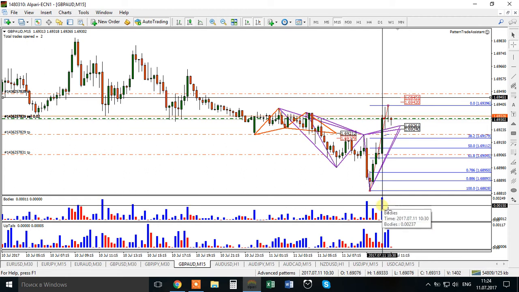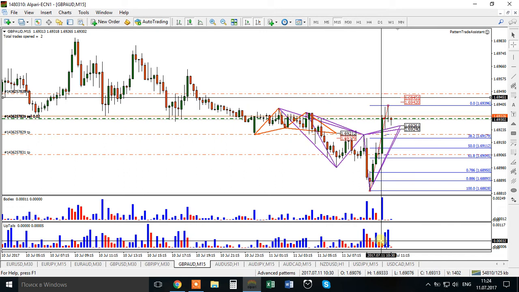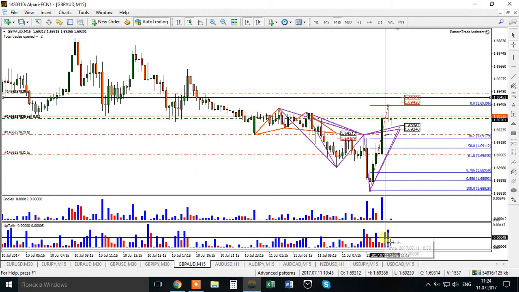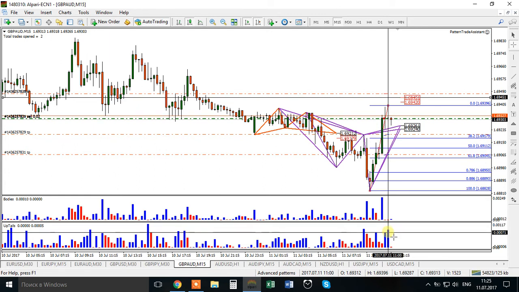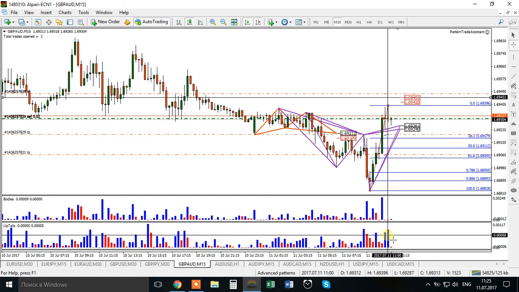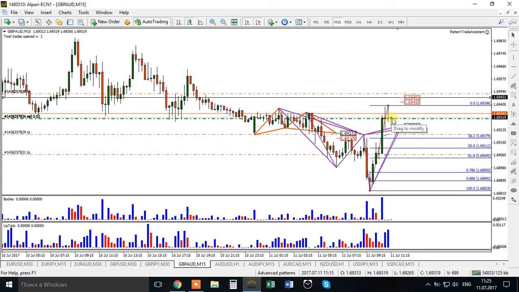So we have one candle with almost no uptail. Uptail is very small. Then we have the next candle with the body being smaller and an upwick being larger, and then we have another candle with the body being even smaller and the uptail being even larger. So this is a nice confirmation of the pattern to work the way we anticipate.